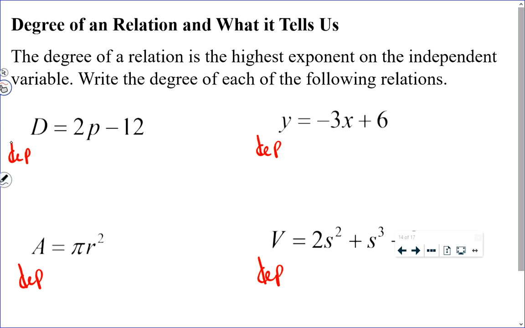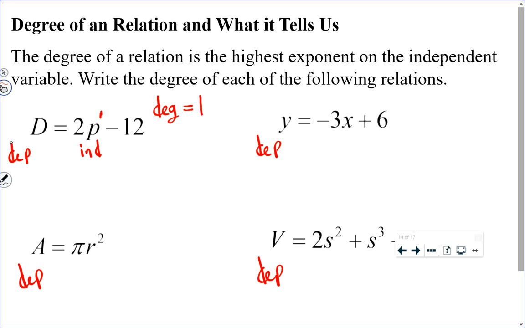So in this first relation, capital D depends on P, and capital D is equal to 2P minus 12. That means P is the independent variable, and the exponent on P is 1. That means the degree of this is 1.